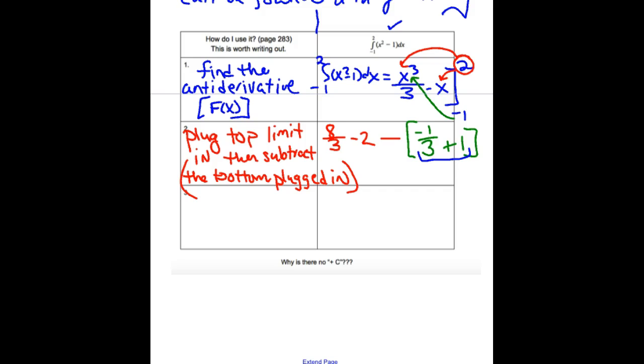What do I got? 2/3, okay? So I'm going to be subtracting 2/3. And then if you have ugly fractions, get a common denominator, but these aren't very ugly. But if they were, I would change that 2 to 6/3, just so everything has a common denominator. Now subtract them, and what do you get?